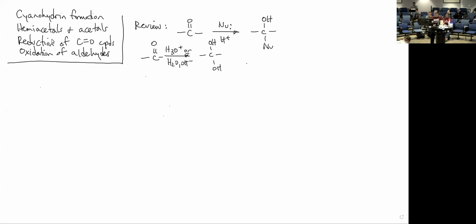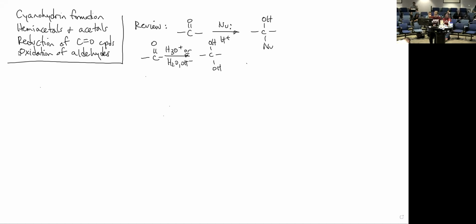And I think we might already have talked about oxidation of aldehydes. That could have shown up even in chapter 7 when we talked about the reactivity of alcohols. But I just want to make sure that I've covered it. I won't have a whole bunch to say. And then when we're done with those things, we'll call it a day. That's pretty much what I'm planning on for today.